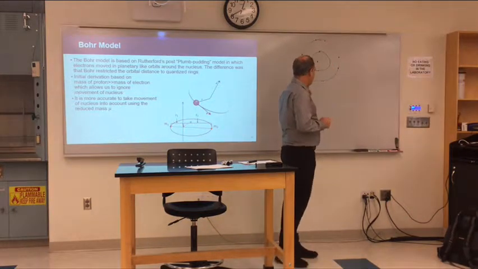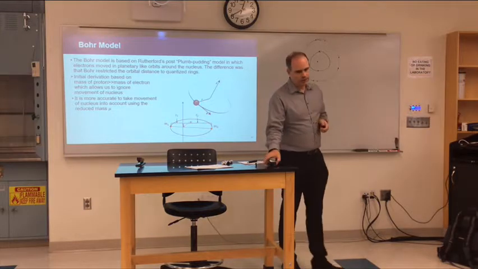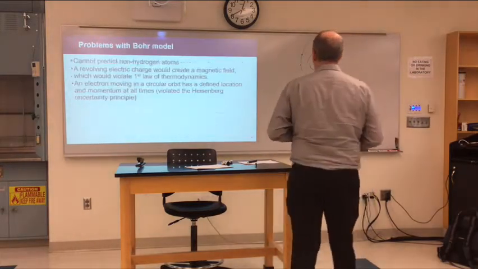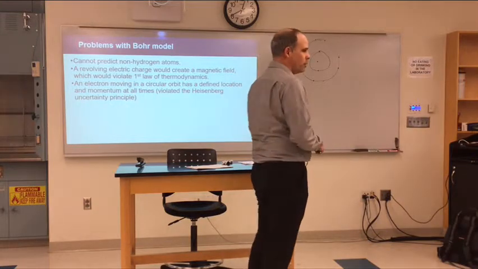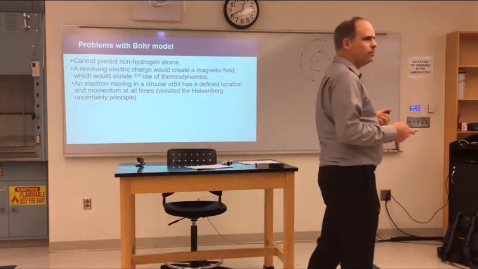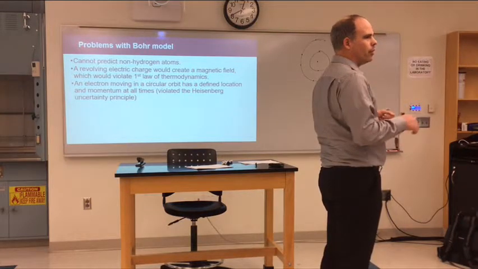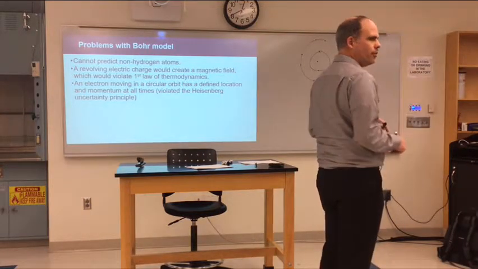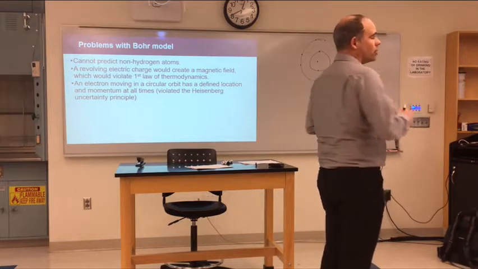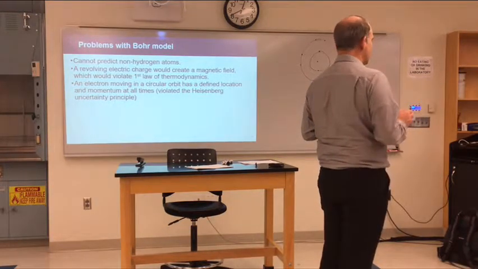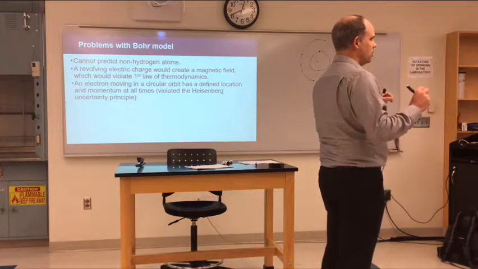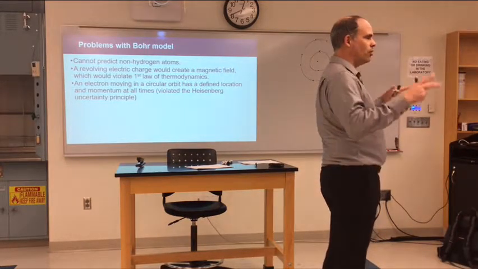The problem with the Bohr model, well, there's a couple of problems. One is that it only reproduces the values for hydrogen. The Rydberg type equation, where we can predict where the different bands are, only works for hydrogen atoms, and part of the reason is the complication of all the other electrons.